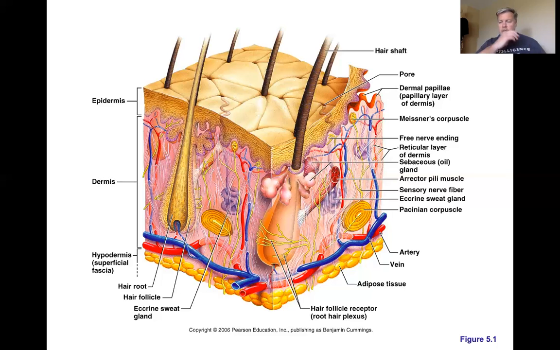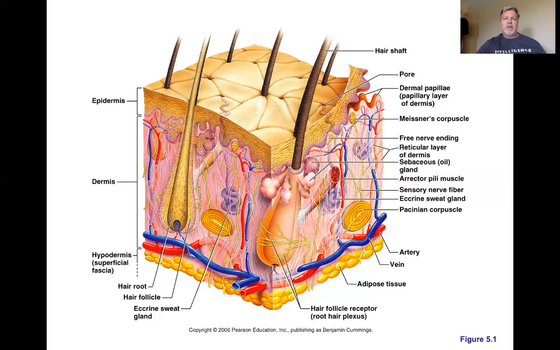Okay, so protection, body temperature regulation, cutaneous sensation. We have all these exoreceptors that are there for sense of touch and pain. Other functions of the skin are metabolic functions. So we see the synthesis of vitamin D in the dermal blood vessels. Oh, here's my note saying the blood reservoir.